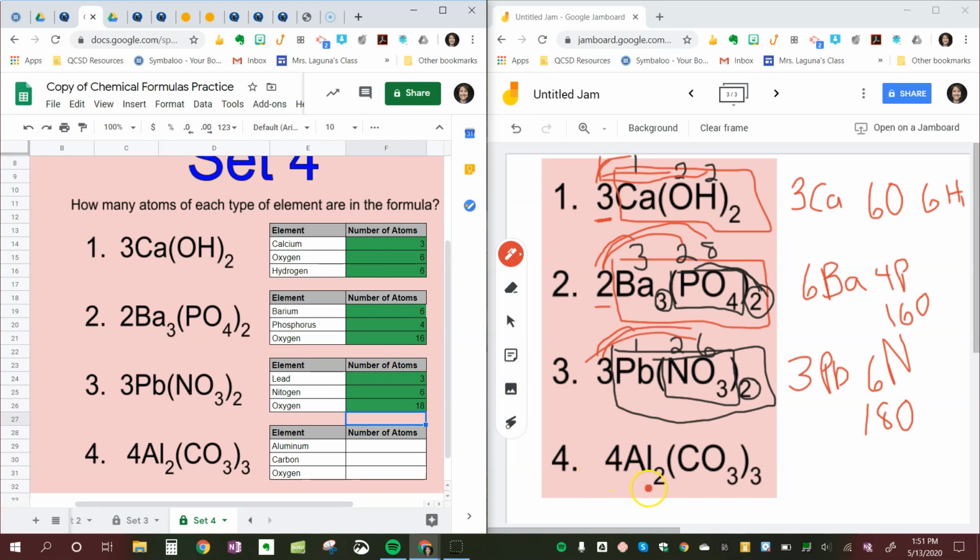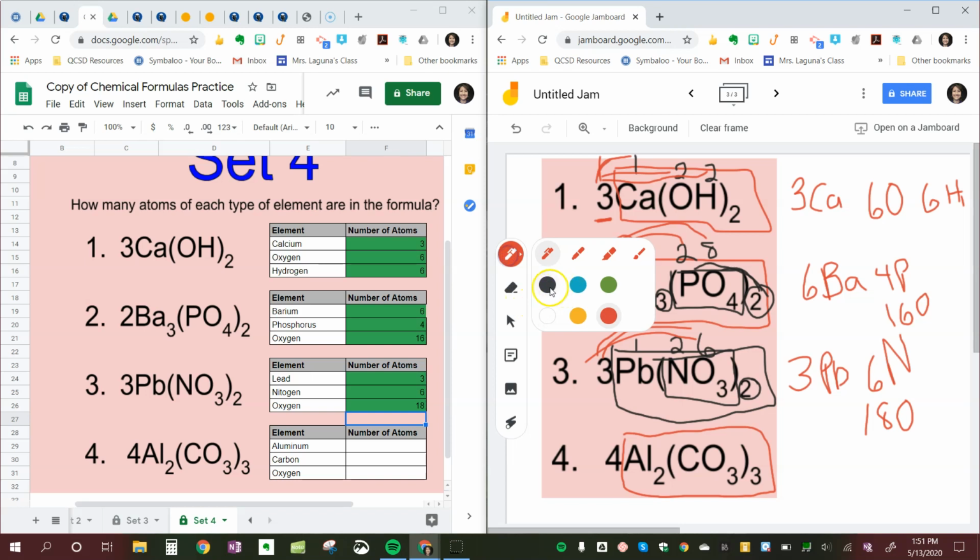Okay, one more. Think you have it? First we look at the whole molecule. Everything after this 4, before the next plus sign in an equation, would be the molecule. And we're going to start with what's in the molecule itself. 2 aluminum. This gets multiplied by the subscript 3, so 3 carbon and 9 oxygen, 3 times 3.